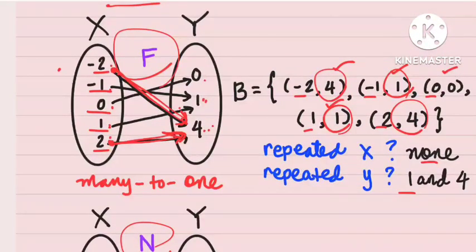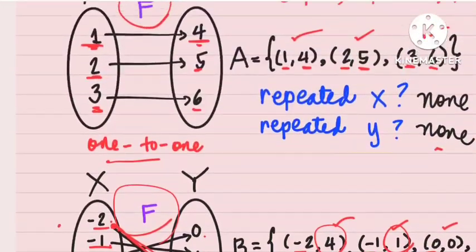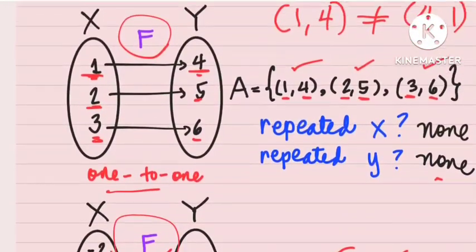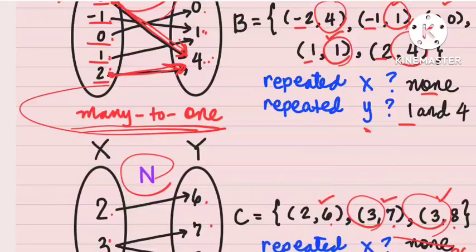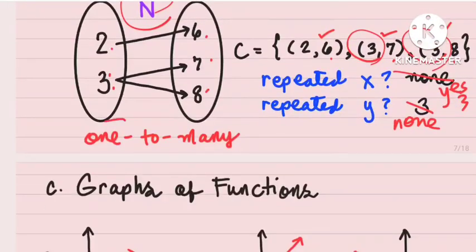But when there are repeated values in y, still this is a function. What we have to watch out for are the correspondences. We want to determine if there is a one-to-one correspondence, many-to-one, or one-to-many.